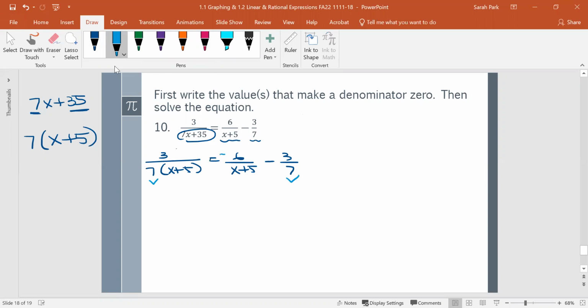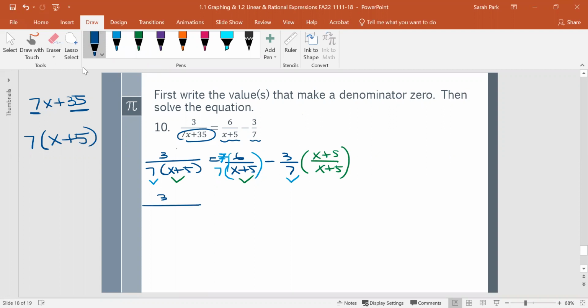The second guy doesn't have 7, so actually, we're going to multiply this guy by 7. And then this has x plus 5, this x plus 5, but this third guy doesn't have x plus 5, so we're going to multiply this by x plus 5. You're kind of multiplying in what's missing in the denominator, because you want all of the denominators to be the same.